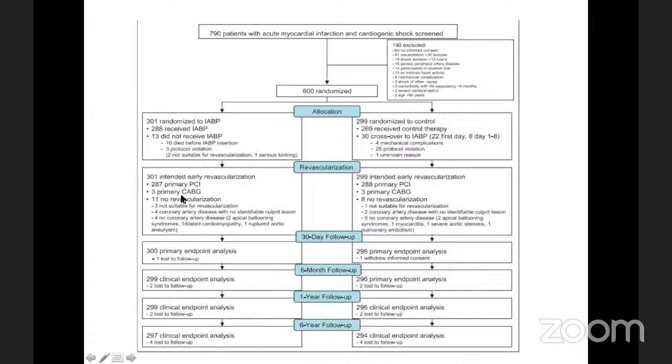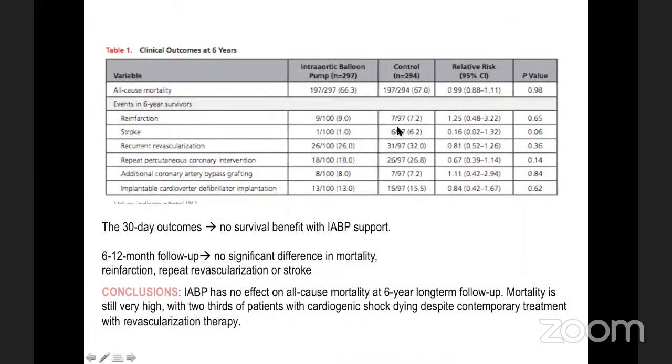But keep in mind that most of the patients underwent PCI. Only 3 patients underwent CABG. After that, they found that all-cause mortality and all the events at 6 years were not significantly different between intra-aortic balloon pump and no intra-aortic balloon pump.